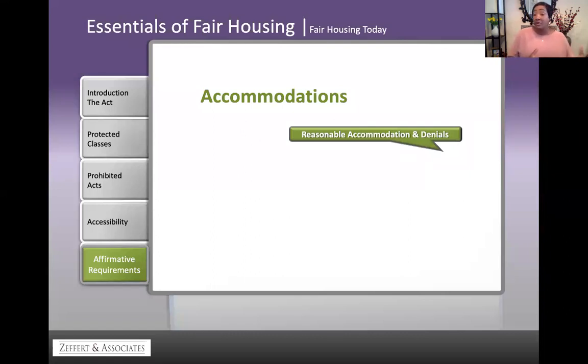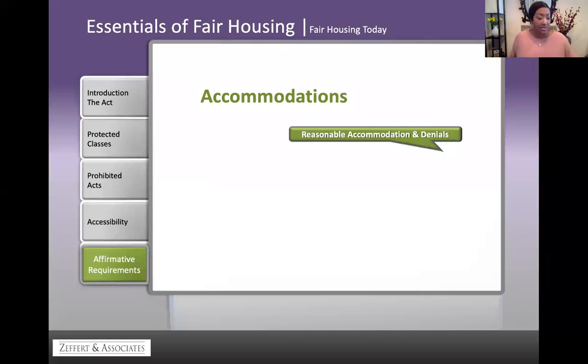And sometimes that's not possible, but sometimes you may have to tell that person, well, we are unable to make this accommodation or modification because it's not reasonable, because it is going to cause an undue financial burden, or it's going to cause a fundamental alteration of our operation. But here is what we can do to accommodate you.